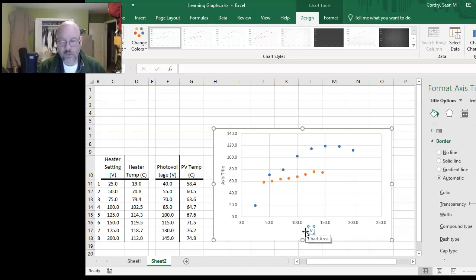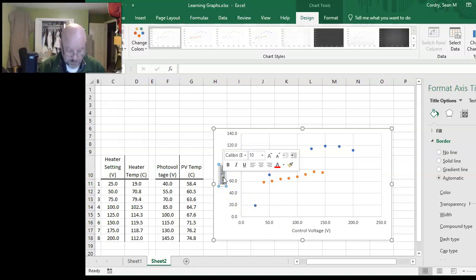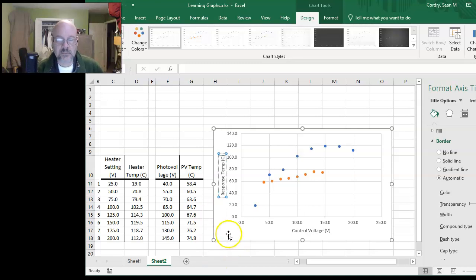Okay, and so we're controlling things down here, so we're going to put voltage down here. In fact, you know what we probably should do? We probably should say control voltage. Like this. Again, I've said this several times. You would know it in your experiment. Okay. And here we'll just say response temperature. Something like that.